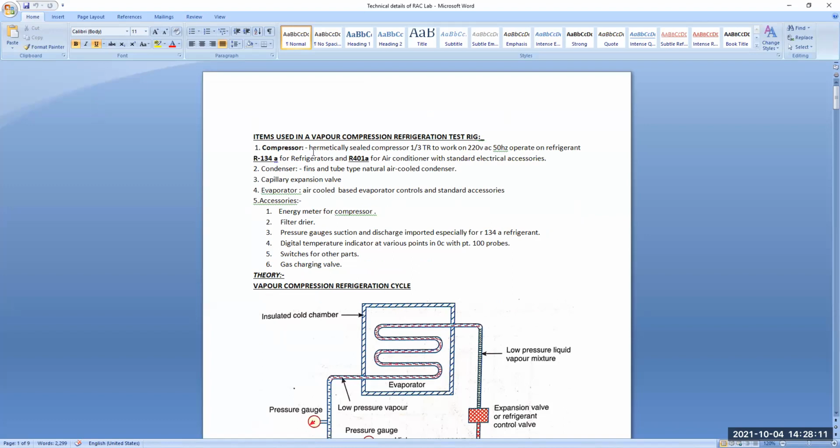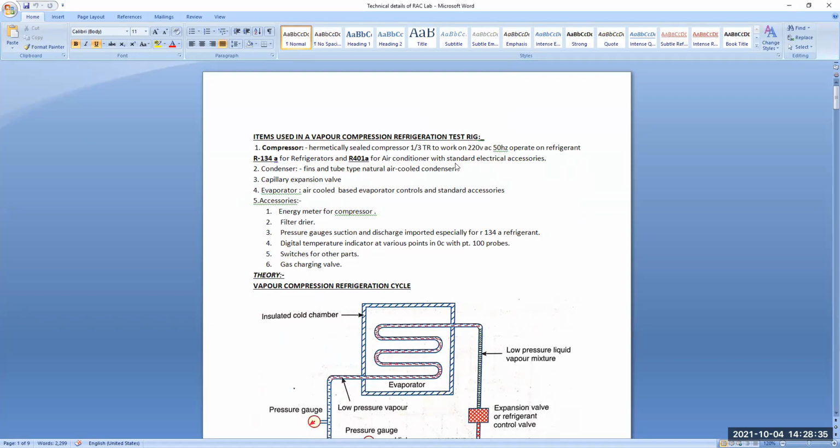It is around 1 to 3 pounds and works from 220 volts and 50 hertz. The refrigerant is R134A for refrigerators and R401A for the refrigerator air conditioner, which we are using in our department itself.